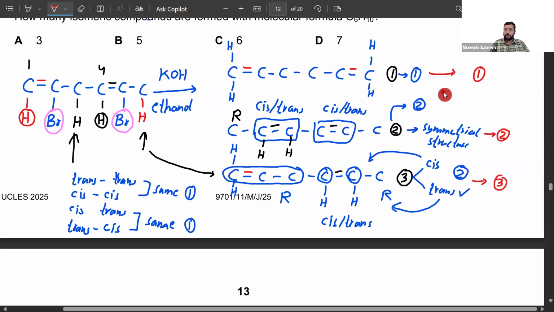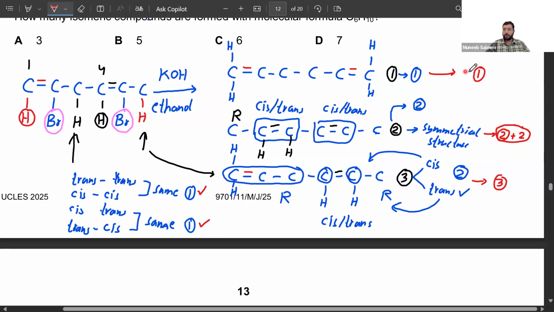So three isomers are in total with respect to structural isomers, and then the second isomer was split into two more times. So 2 plus 2. The second isomer has two more isomers in it because we have included one isomer coming from here, one isomer coming from here. So 2 plus 2 gives me 4. So 4, these are in total.